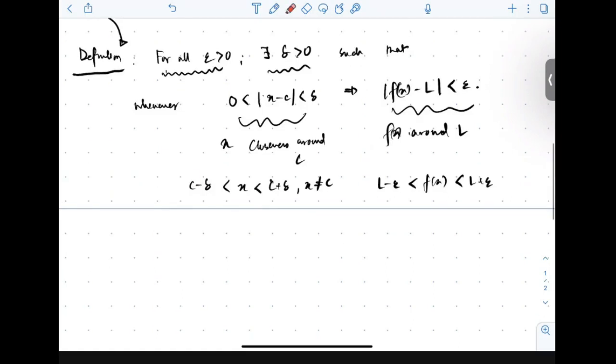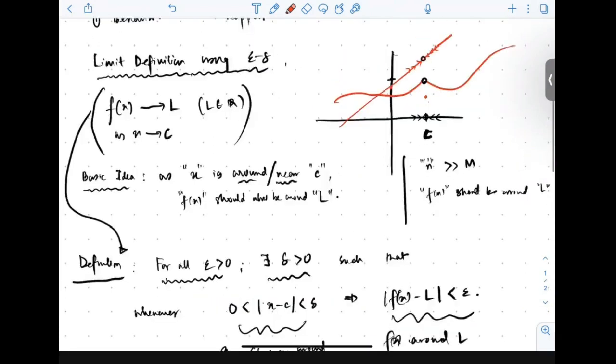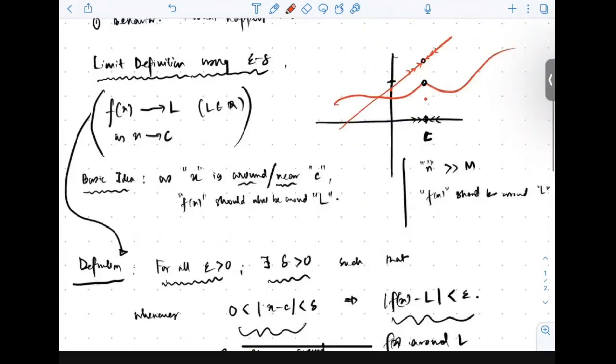So if this condition holds, it's like fixing a value and taking an epsilon strip around L, with L plus epsilon and L minus epsilon.